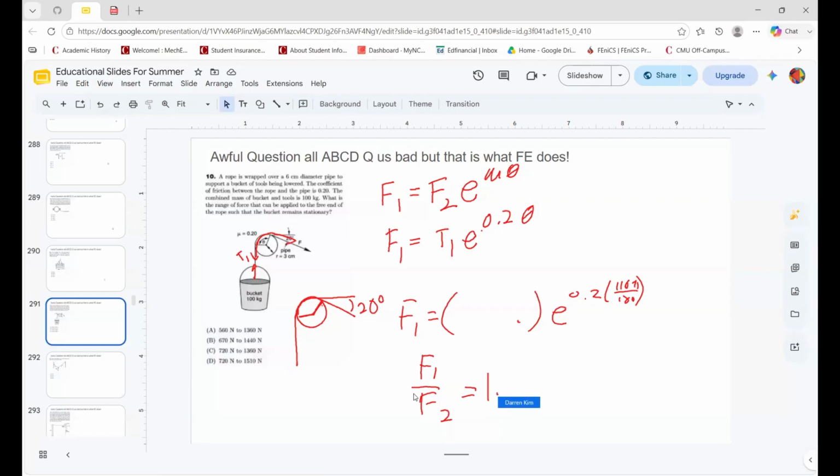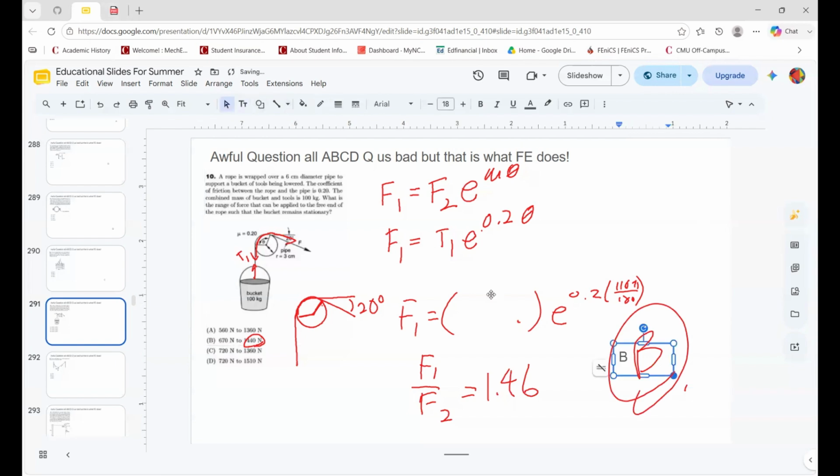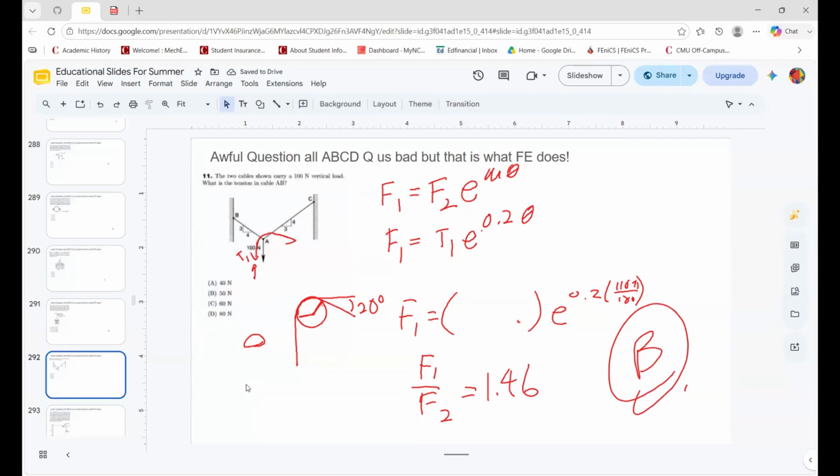Okay, that equals 1.46. So maybe it's because I forgot the 0.2. Well, that is 1,044. So it's about this height over here. And now that means it's B. So I was right. It was right, the original method. I just fumbled the numbers for the 0.2.